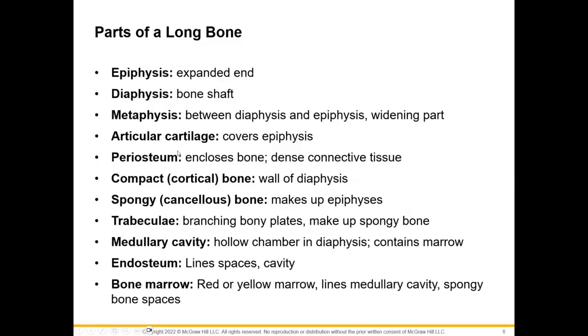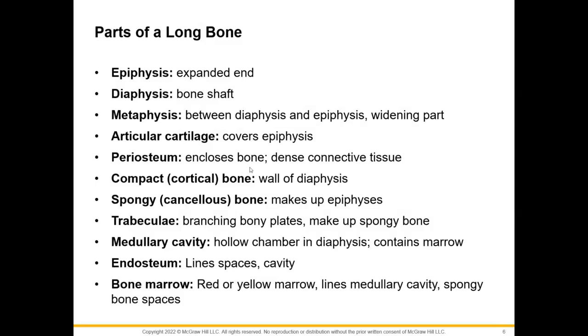Then we have the articular cartilage that is at the ends, and that covers the epiphyses. The purpose of that is for making sure that when the bones rub against each other, they definitely have a frictionless surface, which is going to be important for keeping bones from deteriorating at those ends.